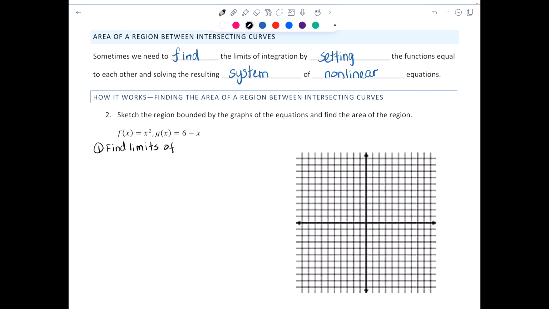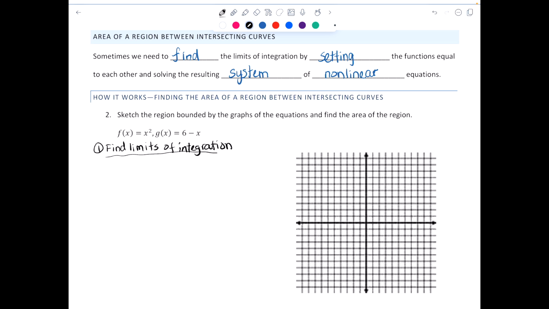This is why you solved systems of nonlinear equations in college algebra. Whoops. I don't know why I was writing integer. Find limits. Oh, because of integration. Integration. Excellent.